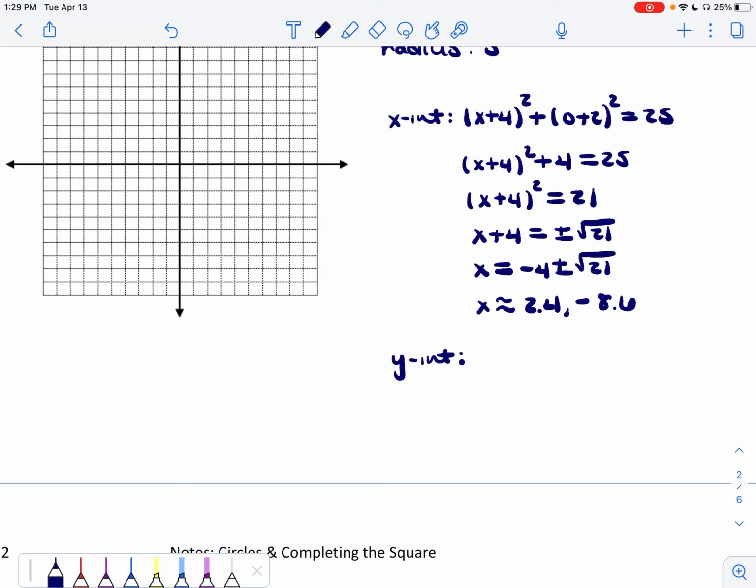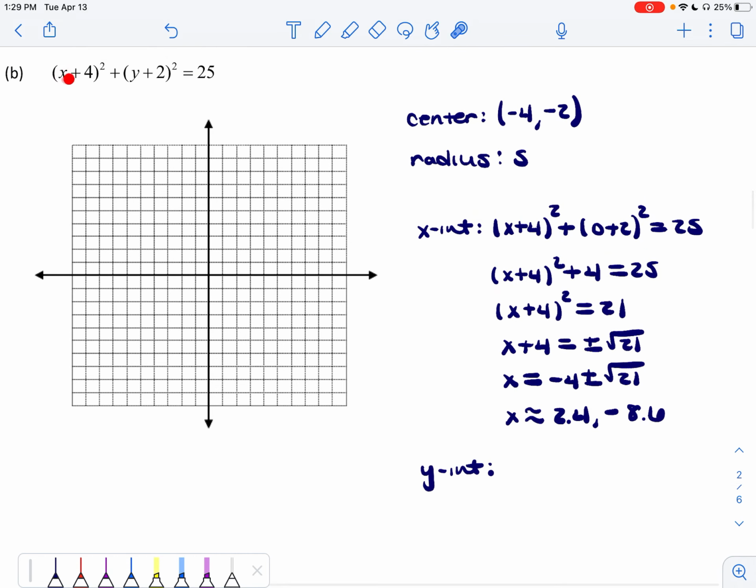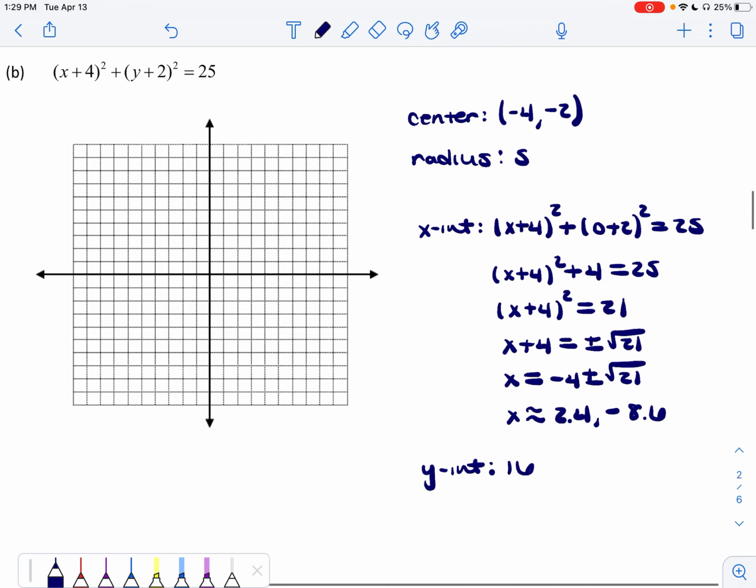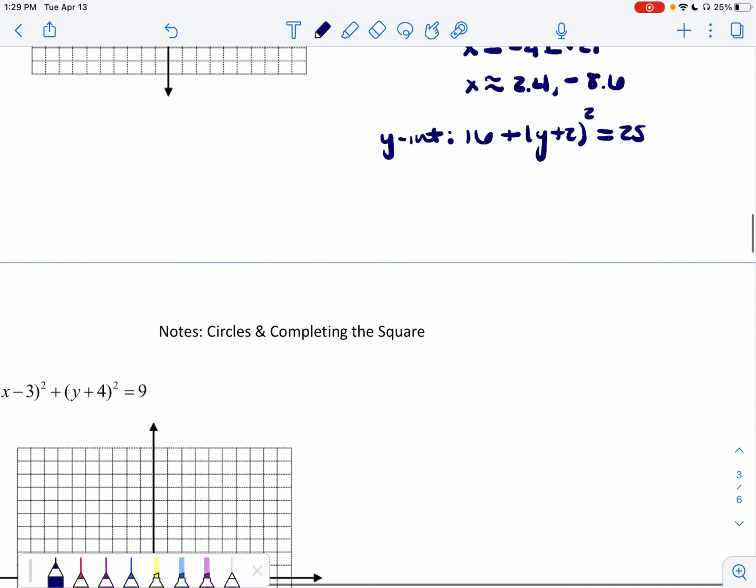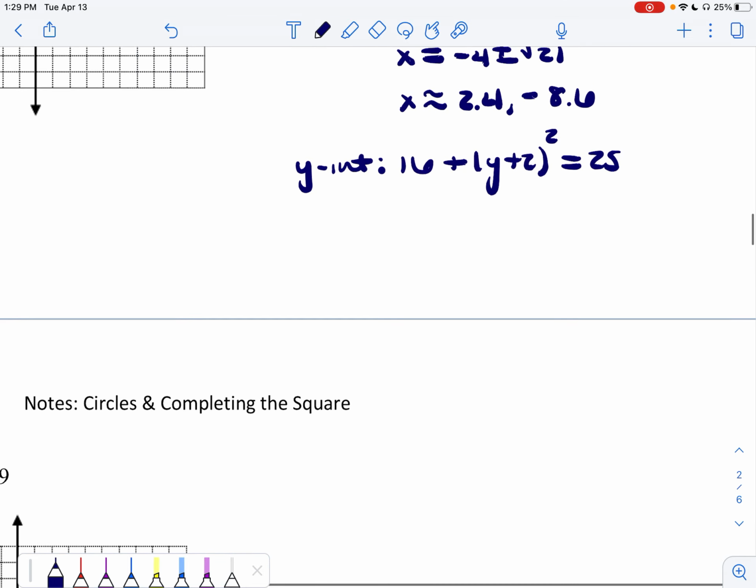Plug in 0 for x. So if we plug in a 0 for x, we would have a 4 squared here, which would be a 16, plus (y plus 2) squared is equal to 25. We would want to subtract the 16 over. That would give us a 9, and then square root both sides.